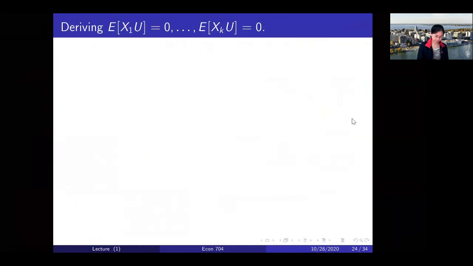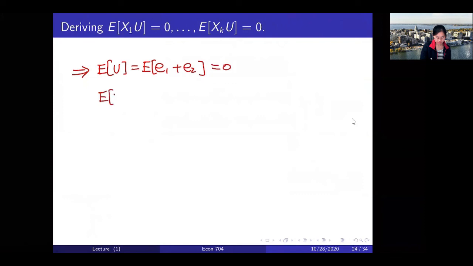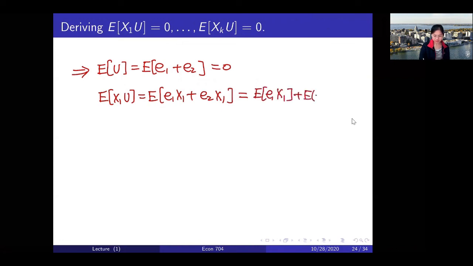So therefore, Eu equals E of E1 plus E2 equals 0, and E of x1u equals E of E1x1 plus E of E2x1, and that equals 0, and so on and so forth.